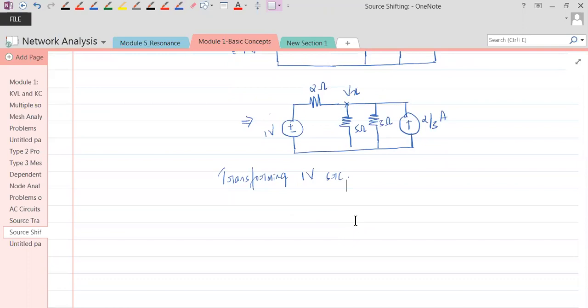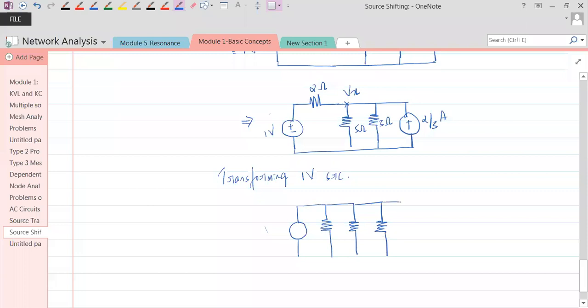If you transform that, it is going to become this current source.